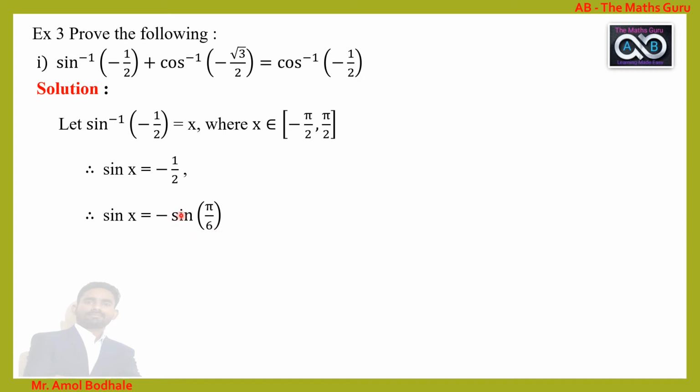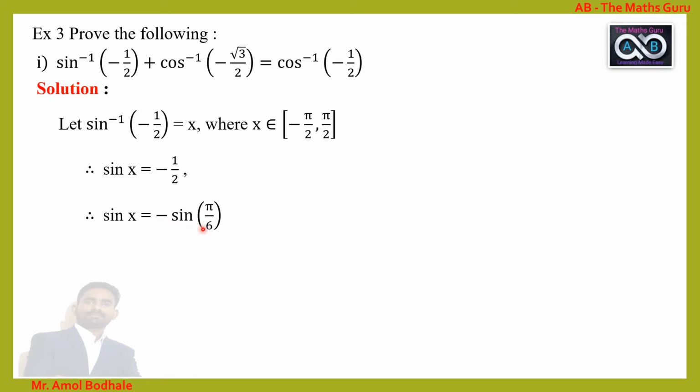So here we must convert this negative angle in terms of positive. Sin is negative in the third and fourth quadrant, but we require the angle to lie between minus pi by 2 and pi by 2, that is between minus 90 and plus 90. So here there is no use of the allied angle formula, so we must use the negative angle formula.